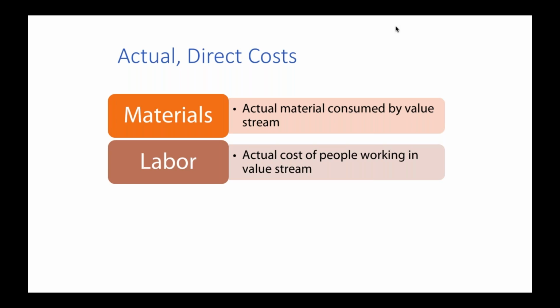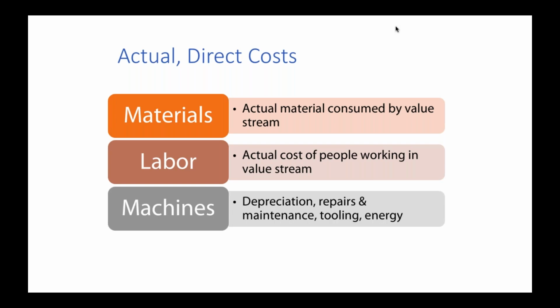Those costs go into the labor cost. We are not concerned in a value stream income statement with direct and indirect people. We want people in the value stream, and that's the salaries and wages that are reported. Machine cost. This would be depreciation, the actual repairs and maintenance for the machines, tooling, and energy costs, if they can be assigned to machines.